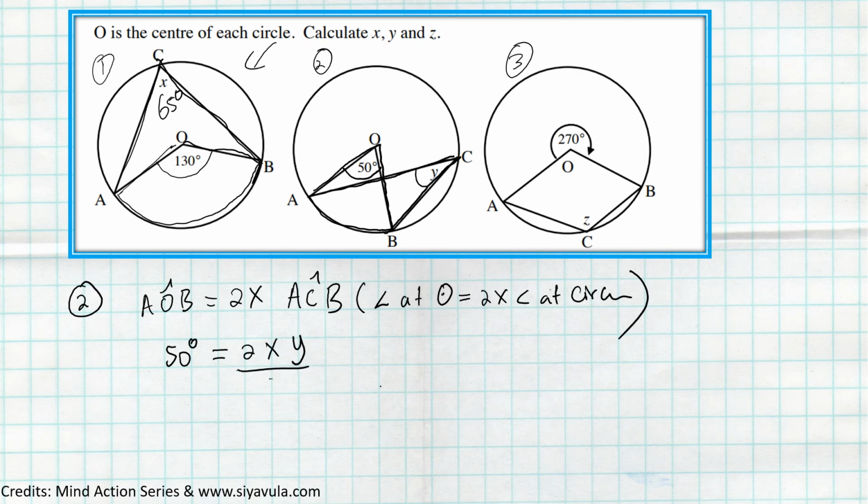To solve for y, it's quite easy. We just divide by 2, then y will be equal to 25 degrees. And it's very true that the angle at the center will be double the angle at the circumference, so it's quite easy to see if you have the correct answer. Okay, let's move to number 3 now.